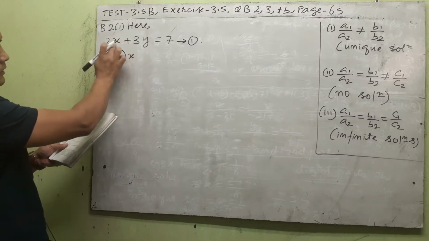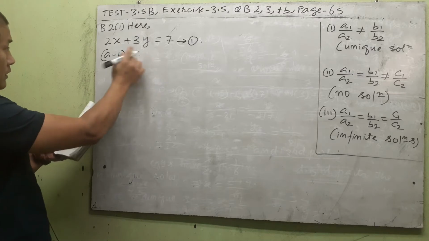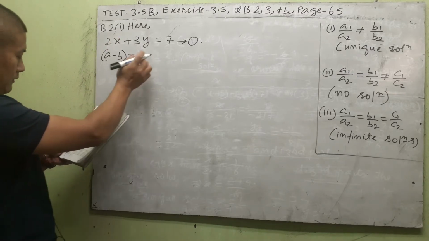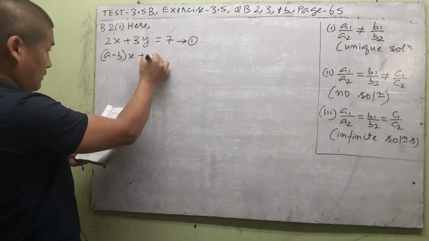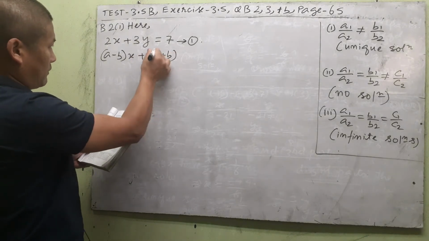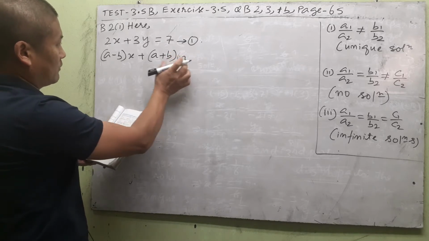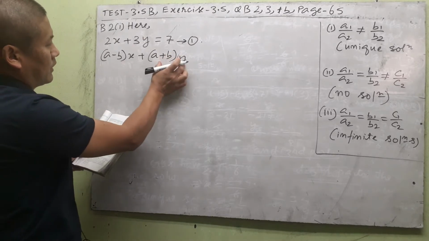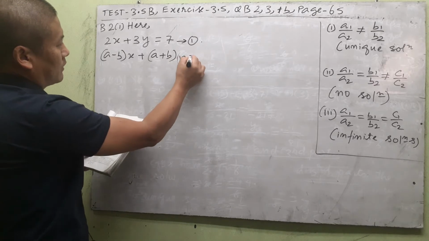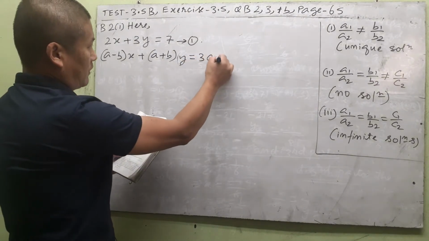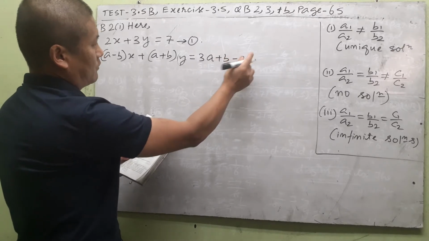So this is the x term, a minus b into x, first position, so it's matching. Then a plus b bracket means into y. So this is the y term, like 3y. a plus b into y equal to 3a plus b minus 2.